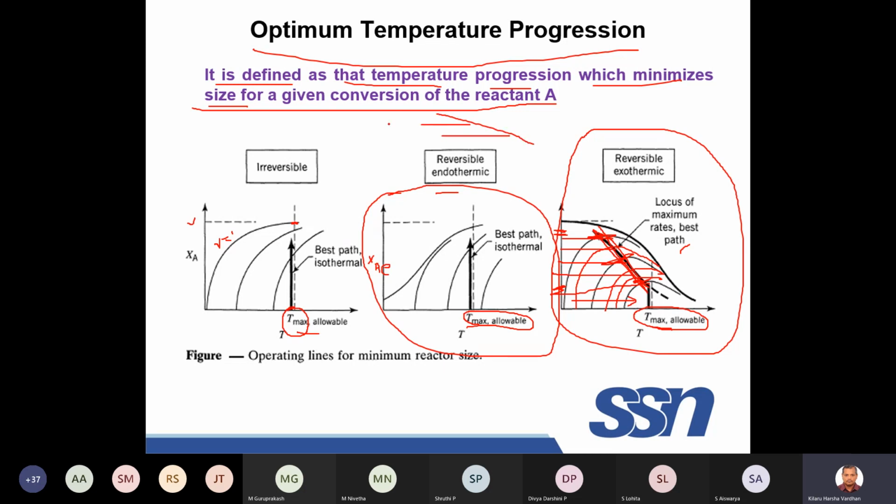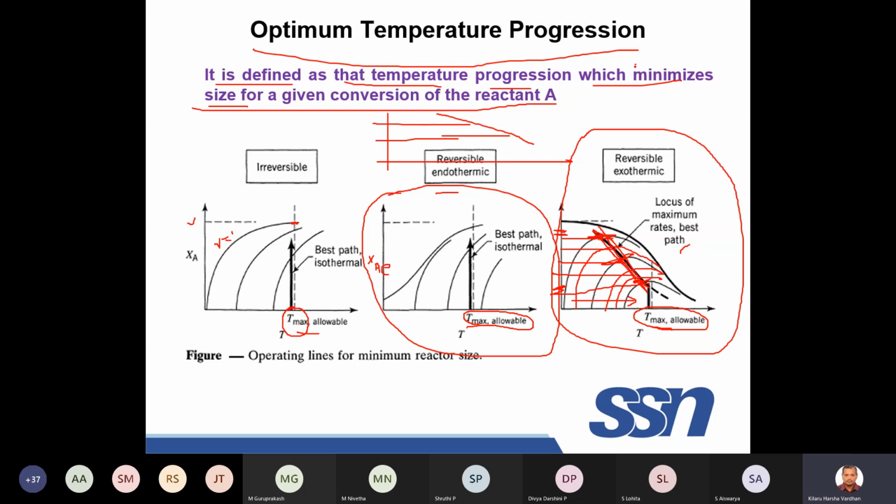Therefore, simultaneously your conversion will go on increasing. Am I right? That is why for a reversible exothermic process, definitely the temperature or pressure should be reduced, so that you can increase your conversion. Right? So this we discussed now. Any doubt here?